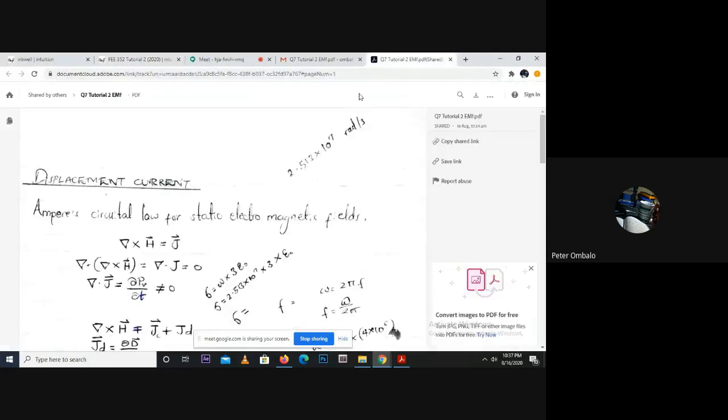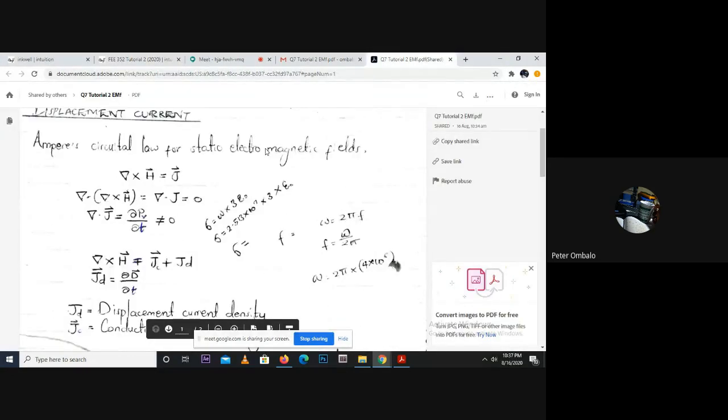Right, so from Ampere's circuital law for static electromagnetic fields, this is not what we are looking at now. We are looking at time varying electromagnetic field. But for Ampere's circuital law for static electromagnetic fields, this here was the formula. The curl of the field intensity was giving us the current density.